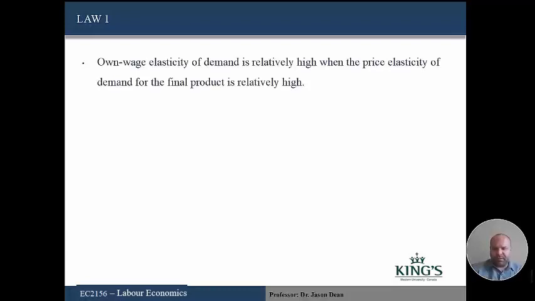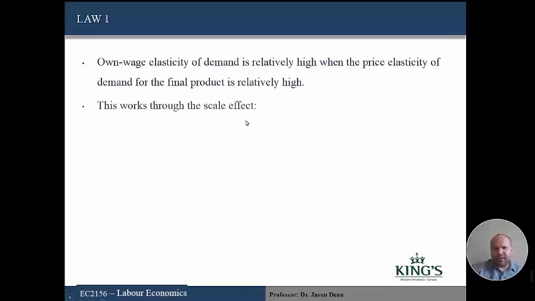If the demand for the product is elastic and so the consumers are very sensitive, then an increase in the price will result in a lot of people doing without that product, and so the quantity demanded for the product will fall. If there's less quantity demanded, the firm's going to want to produce less and it's going to need less labor. So the more elastic the product demand, the more elastic the demand for labor will be.